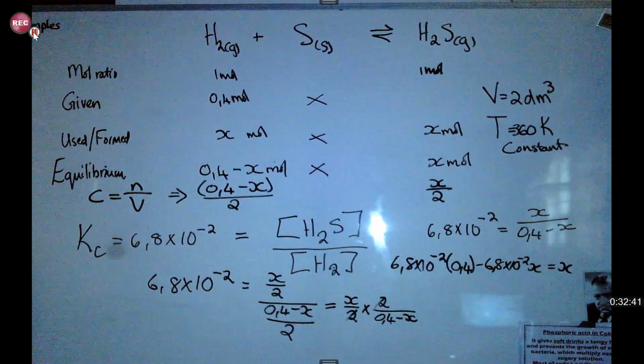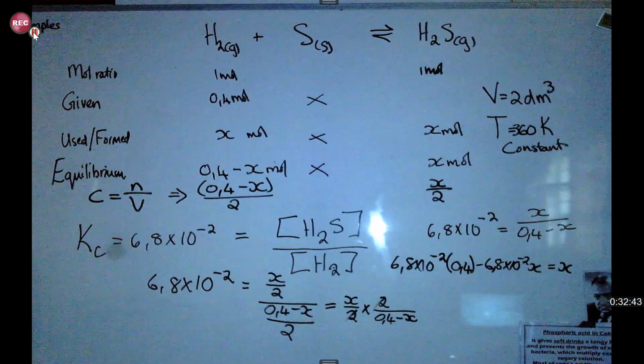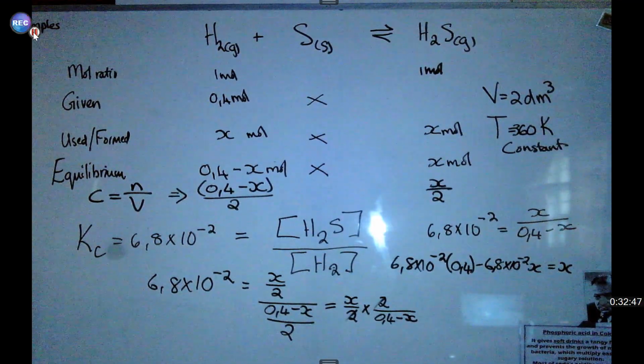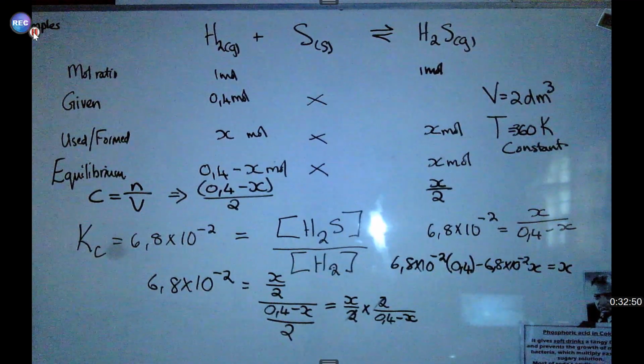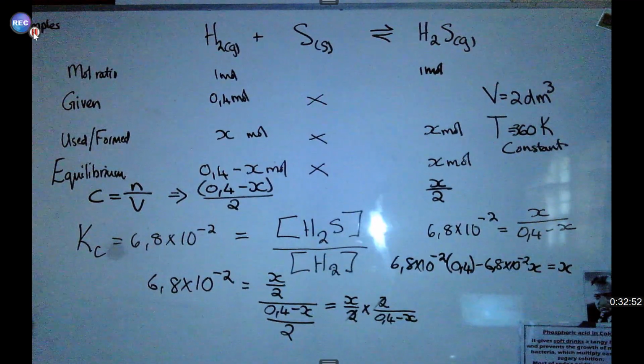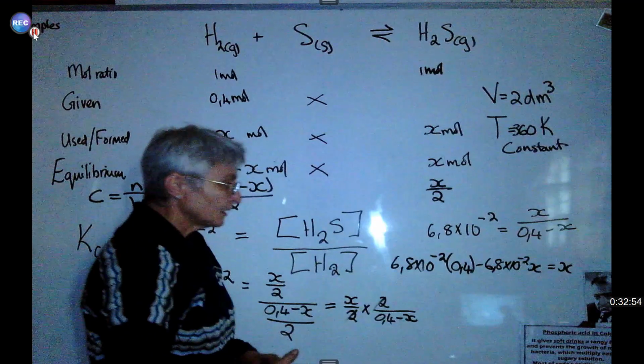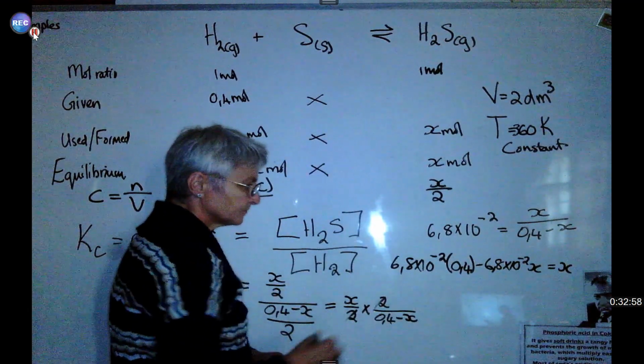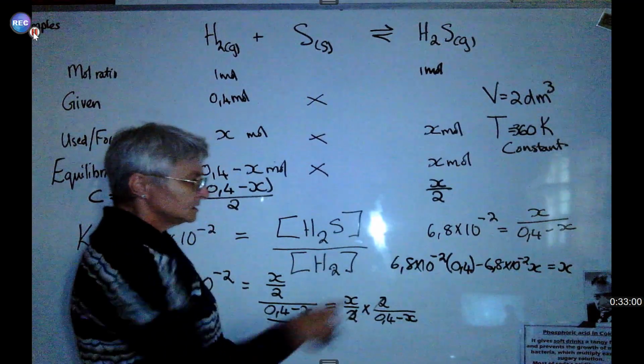Fortunately, you don't have any squares in here, so we don't have to do a quadratic solution. All I have to do is say that this plus this times x is this.